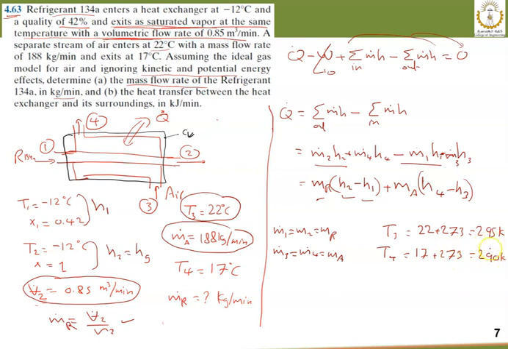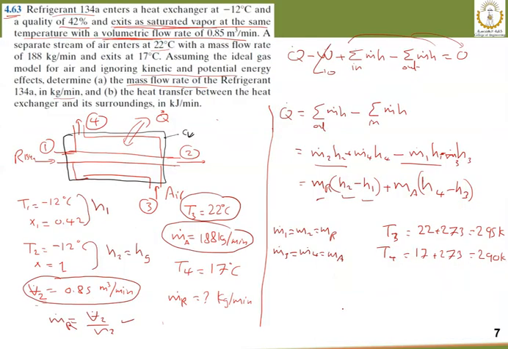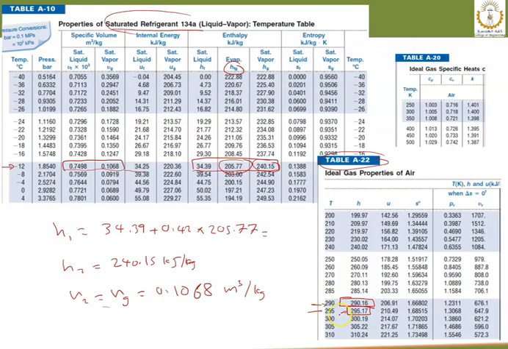So we need 290 and 295, we go to the air table, and 290 is this, and this is h, and 295 is this one, the enthalpy. So this is h3 and this is h4.